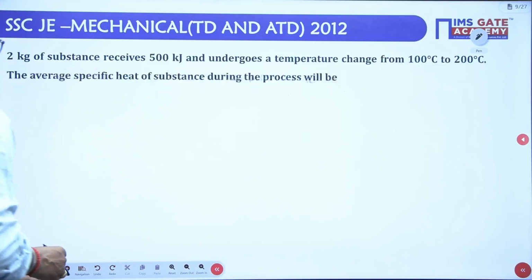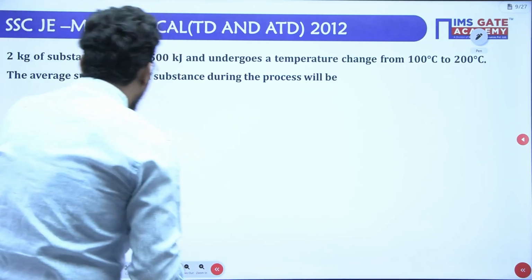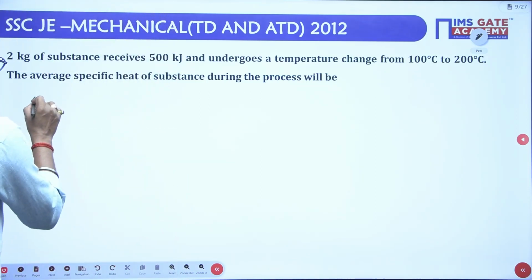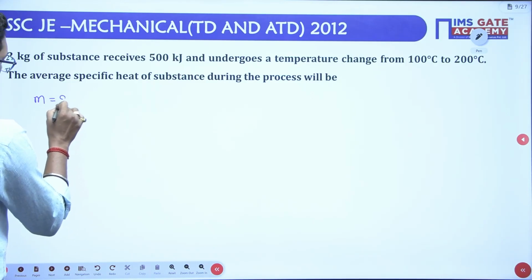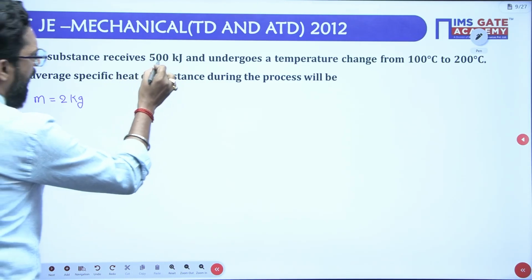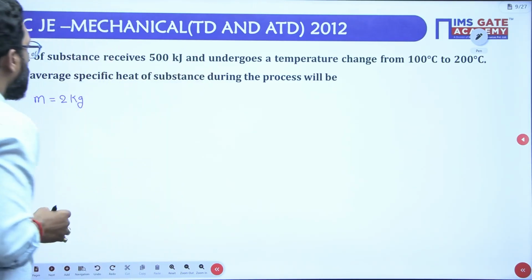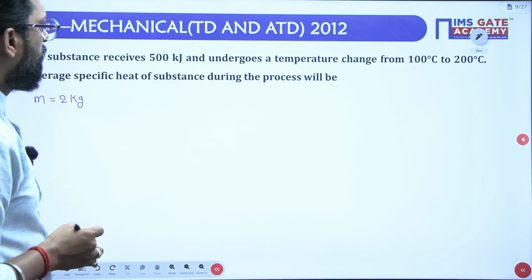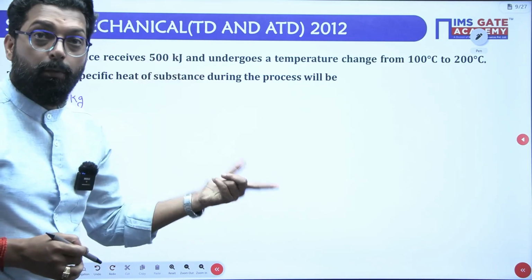Now next, 2 kg of a substance received. So mass of the substance is 2 kg. It receives 500 kilojoule. And what is received? Work or heat?